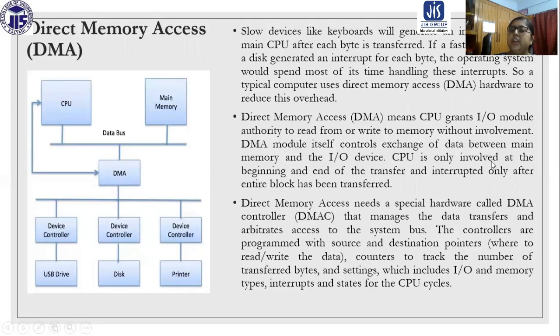The CPU is only involved at the beginning and end of the transfer and is interrupted only after the entire block has been transferred. CPU is not involved for every byte. Whenever the communication starts, the CPU is there. After the entire block has been transferred, at the end of the communication, the CPU is there.